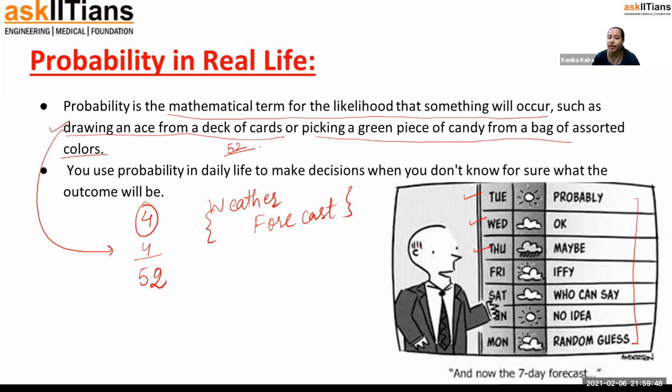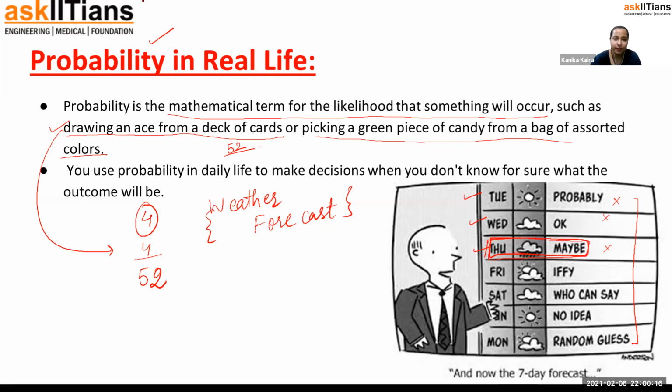But how do they represent the data? It's not 100% correct. If we talk about Thursday, there might be a possibility that it may rain or it may not. So basically, the chance of occurrence of some event, when you represent it with numbers, is known as probability. This is the whole concept of this slide.